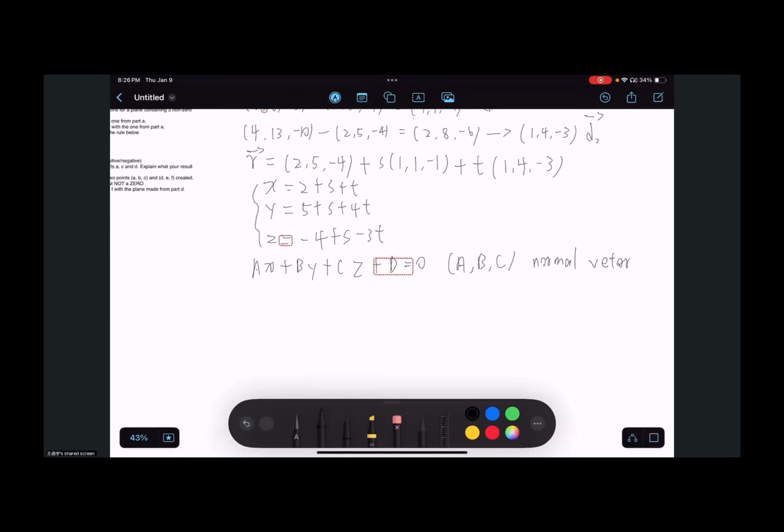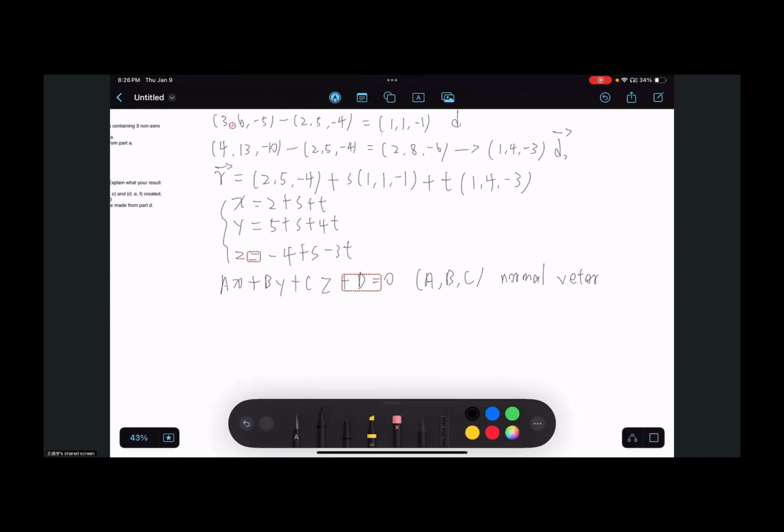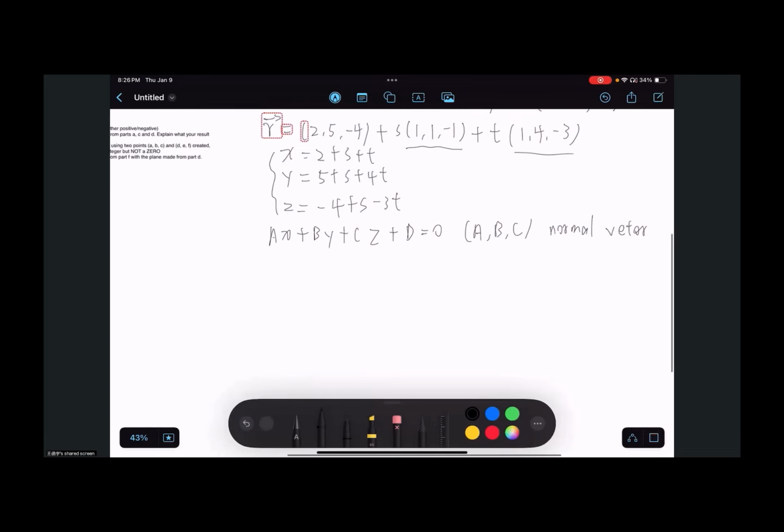So to find the normal vector, we can use the two direction vectors 1, 1, -1 and 1, 4, -3. We use the cross product to get the normal vector.